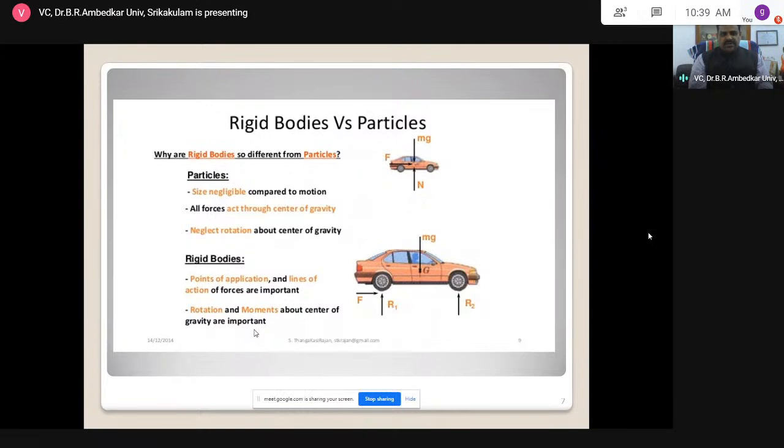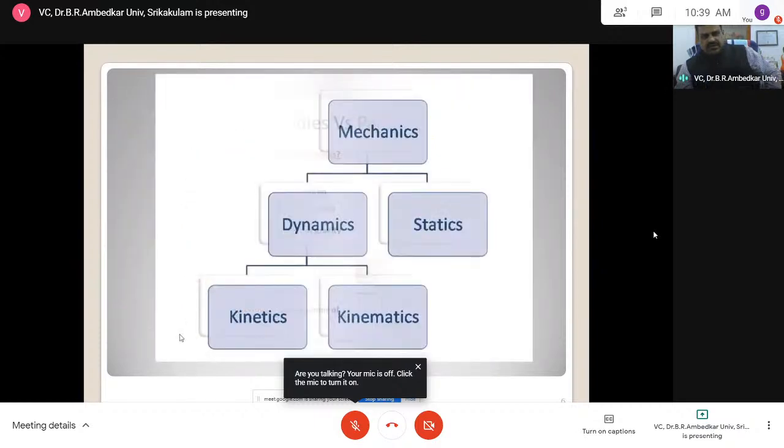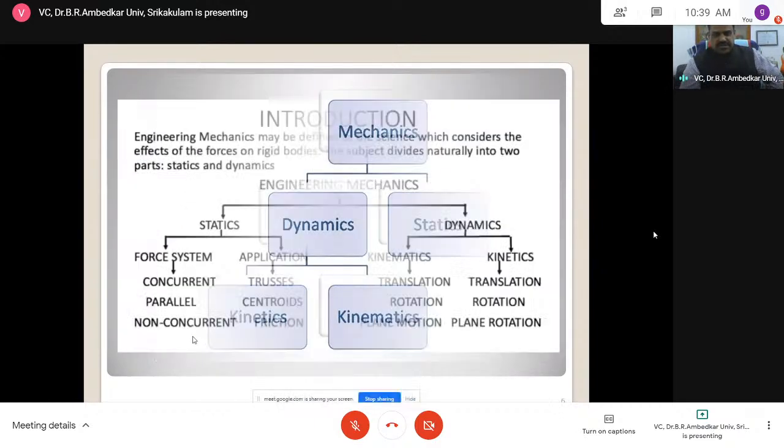Now here in a particle we are assuming the size is negligible compared to the motion. All force must and should act through the center of gravity. Neglect rotation about the center of gravity. This is where the total weight is acting, the driving force or any force you can consider.